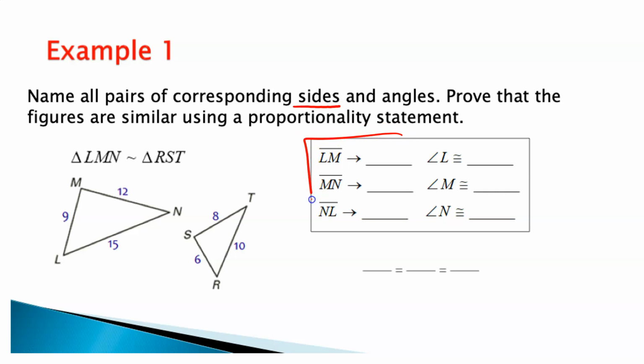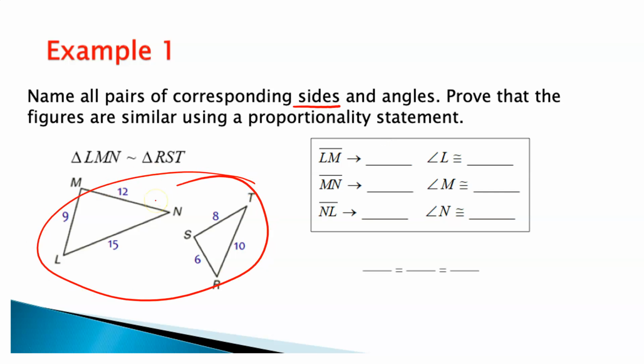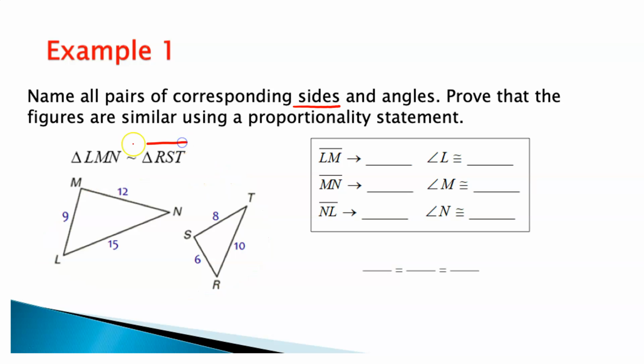We're going to focus here on these 3 sides. I don't even need to look at the triangles, and don't just rely on the actual picture. If they ever give you a similarity statement, guys, refer to that. You should not even be focusing on the picture. We're going to match these corresponding sides by using that similarity statement.